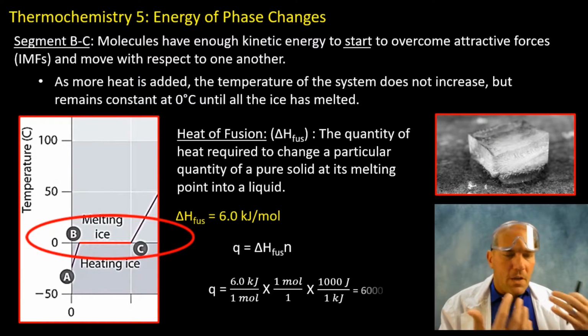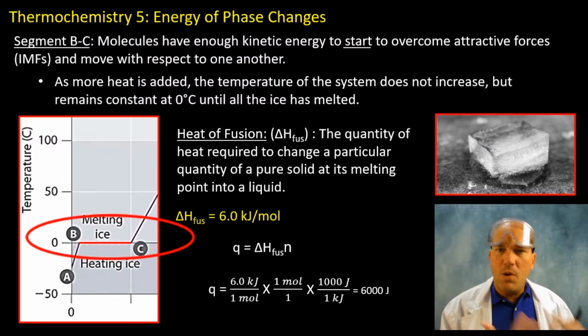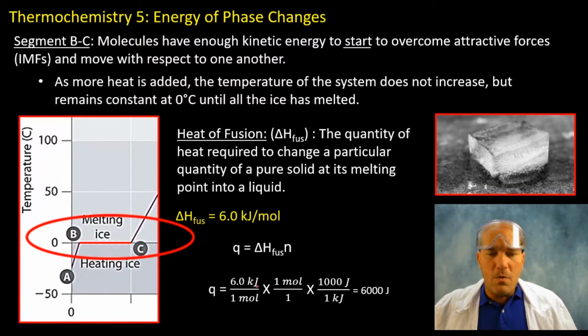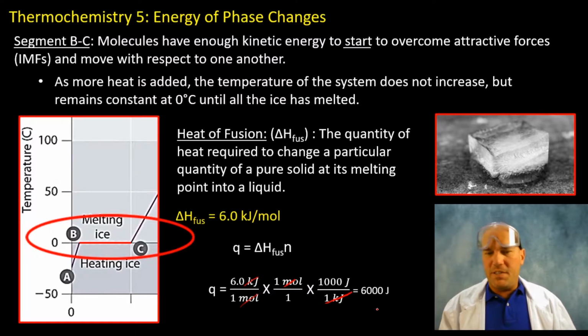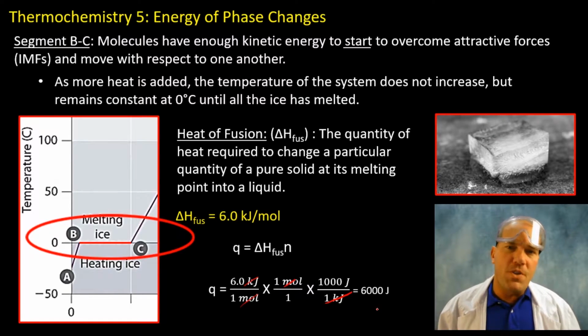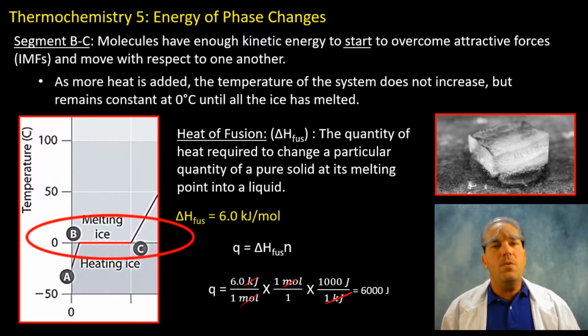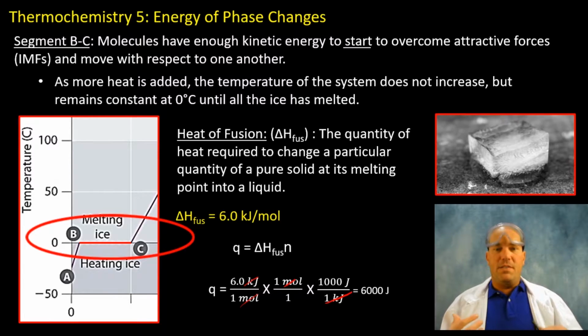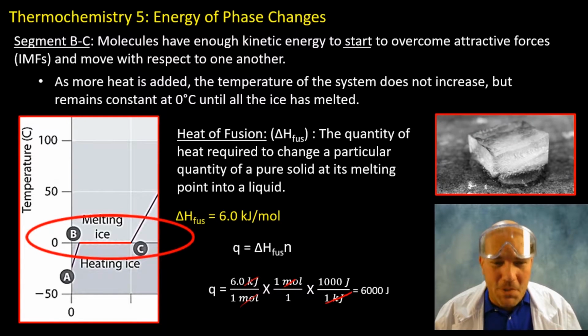And if we are calculating heat, lowercase q, don't forget we're going to need to convert that over into joules, where we end with our units of 6,000 joules. So the enthalpy of fusion is 6.0 kilojoules per mole, or 6,000 joules per mole, and the amount of heat required is 6,000 joules.